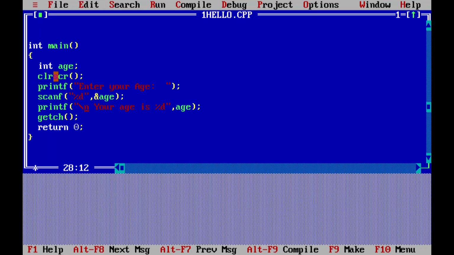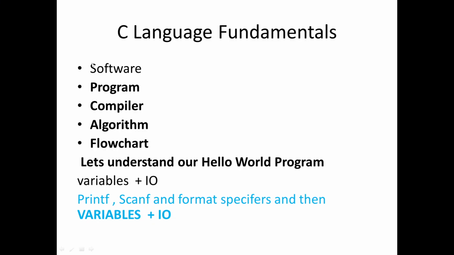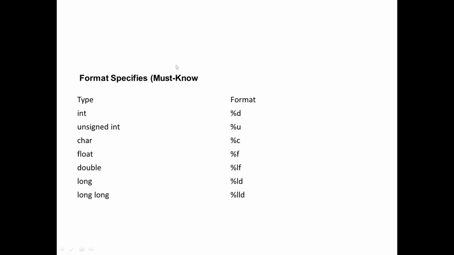So here this line int age is nothing but the data type. Now we are moving back to the slide. So these are some common data types which are required.